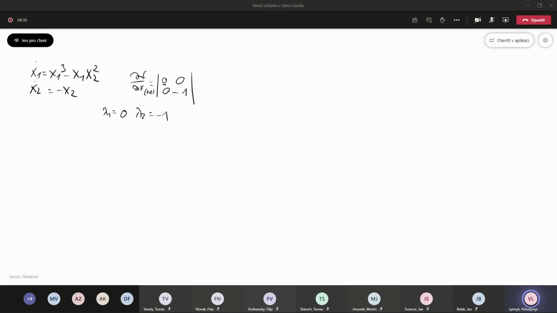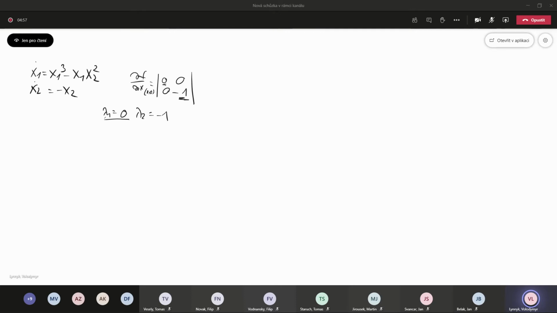We cannot say whether this system is stable because this eigenvalue is 0, and we need to use the second Lyapunov method for testing the stability.